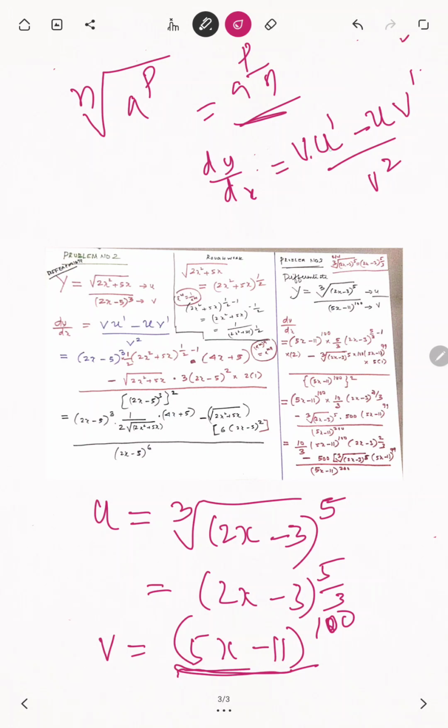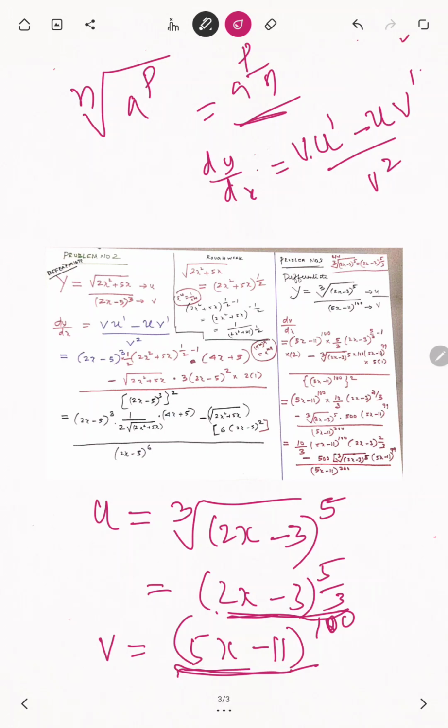After that, u'. What is u? (2x minus 3) whole power 5 by 3. Okay, fine. u' means they are asking you to differentiate (2x minus 3) whole power 5 by 3. How to differentiate this? You already studied how to differentiate an algebraic function. The rule: differential of power into differential of base. Power is 5 by 3, that's why writing 5 by 3 there.